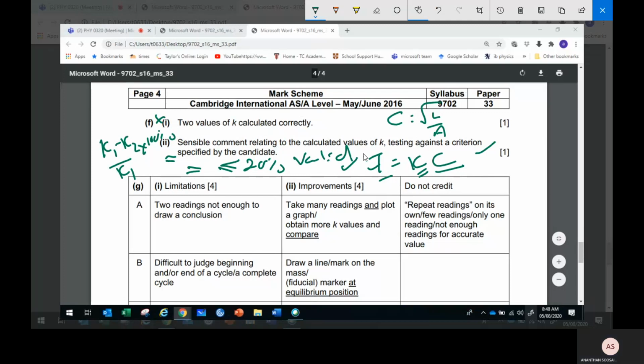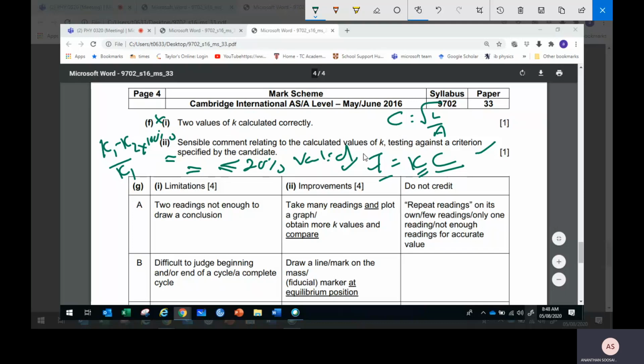Okay, valid. When you go to PhD, for F equals ma, that formula, they also do this to find a constant, and they check the differences in the constant. If it's very, very small, I think maybe 1%, I don't know, then the equation is not considered valid.